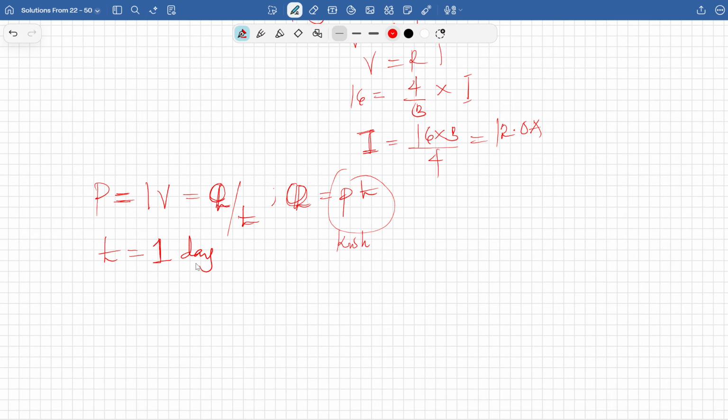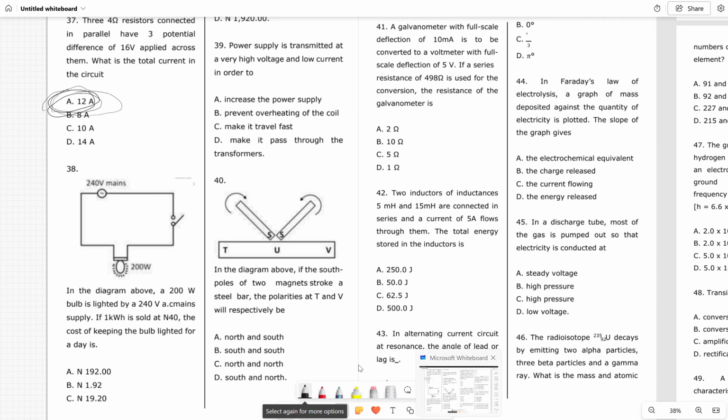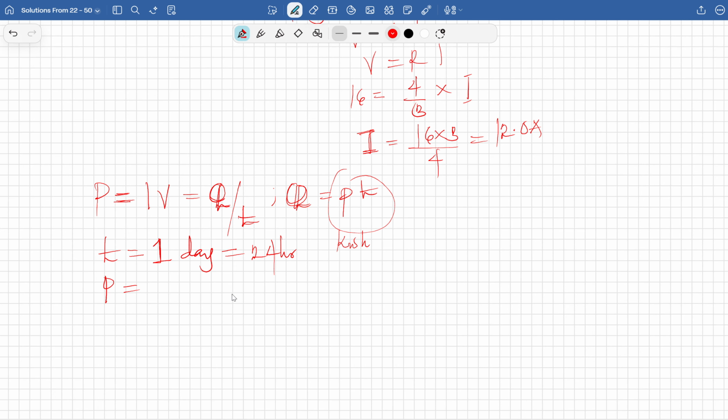So the given time needs to be converted to hours. 1 day is made up of 24 hours, and the power given is 200 watts. So P is equal to 200 watts. Let us quickly calculate the quantity of electricity that will be consumed.